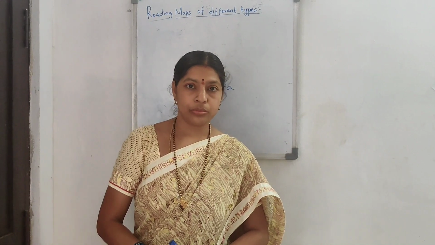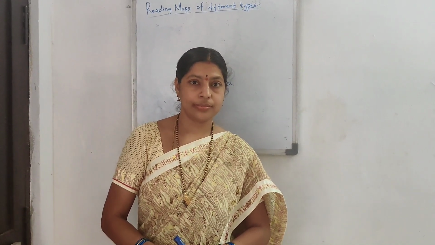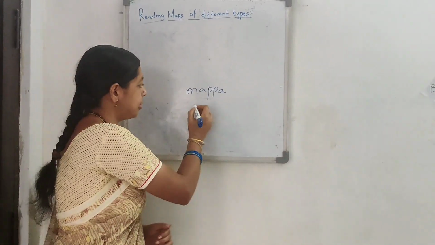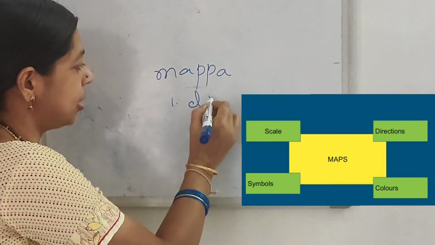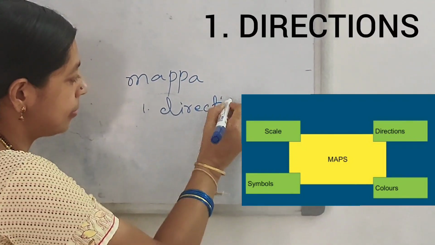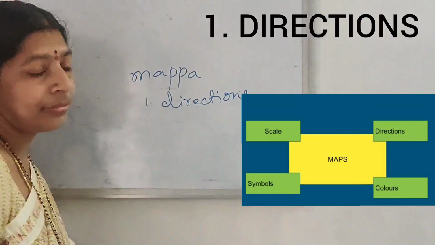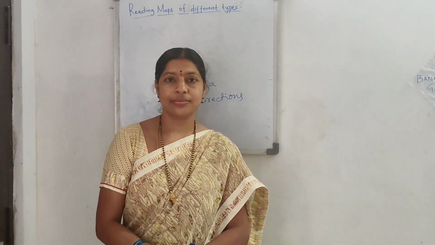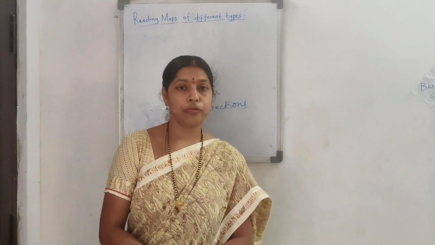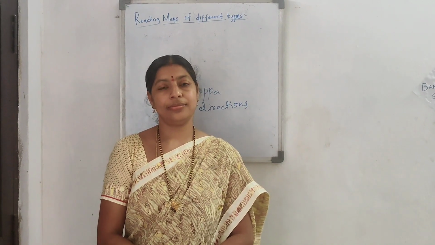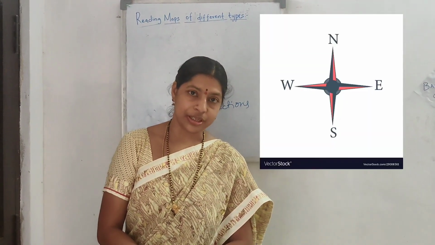Maps have three components. Mainly, the first one is directions. Children, what are directions? We have 4 directions. Tell me. Good.